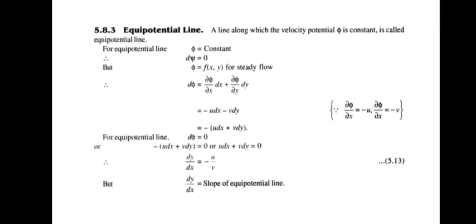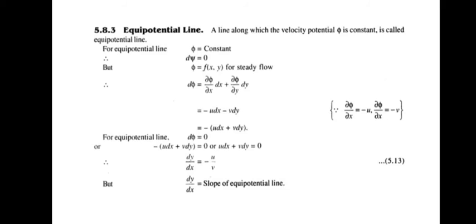Now next one, the equipotential line. A line along which the velocity potential function φ is constant is called an equipotential line. So if you consider any line along which the velocity potential function value is constant, then we will consider it is an equipotential line.